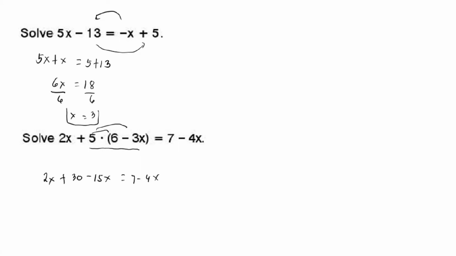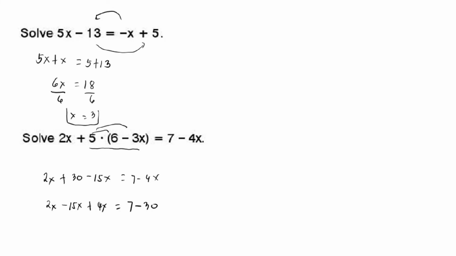Then after that, transpose to combine like terms. I have 2x minus 15x. I have another x here on the right-hand side, negative 4x. It becomes positive 4x equals 7. Transpose positive 30 to the right-hand side, becomes negative 30. So we have 2 plus 4 equals 6x minus 15.